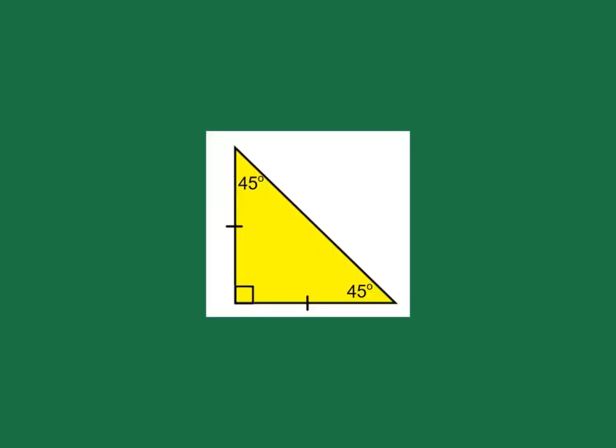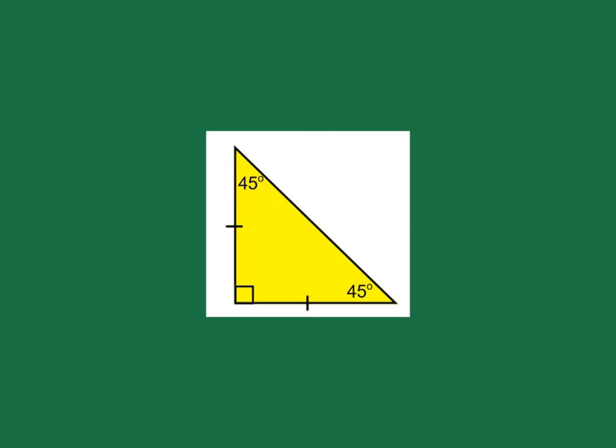If we think about another type of triangle, the isosceles triangle that has 90 degrees and two 45 degrees, then we can also use a similar approach to find the exact value of the sine, the cos, and the tan of 45 degrees.